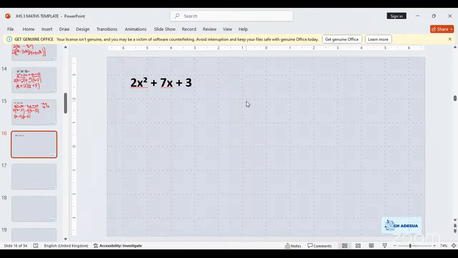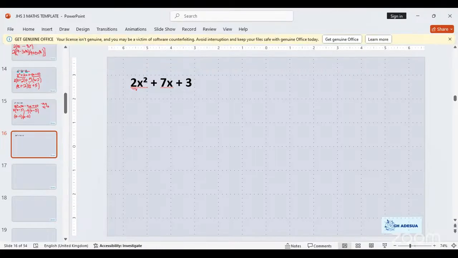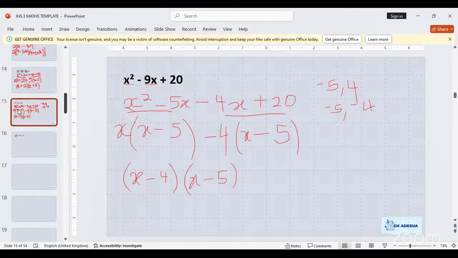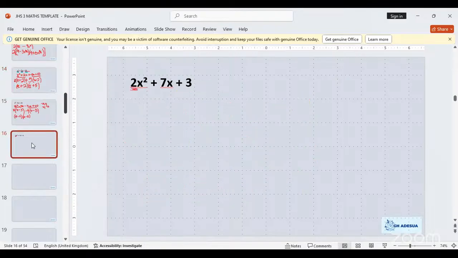Whenever you are given a quadratic trinomial, that is how we call these kinds of questions. I've shown you why it is a trinomial and why it is quadratic. But in this instance, there is a coefficient of 2 before the x squared. Is there a coefficient in the other one? No. What about the previous one? No. But this one has a coefficient.